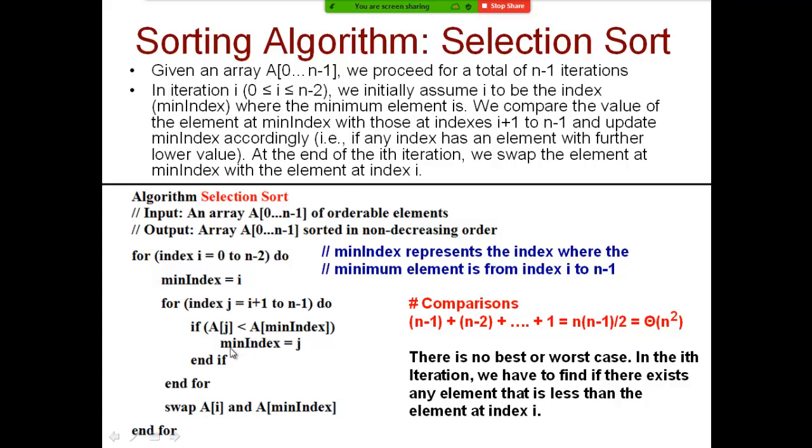If that's the case, you set your min index to be that index where the lower value is. If you go through this process until the end of the array, by the time you come out of this inner loop, you would have found the index where the minimum data is, starting from index I, which is 0. And then you swap the data at index I with the minimum data at min index.